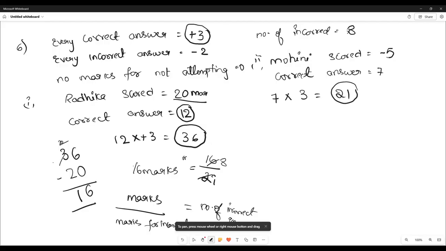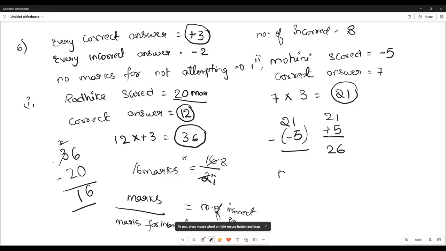How many marks she got? Minus 5. Here we subtracted 20, here we have to subtract minus 5. Minus into minus means plus. 21 plus 5, which is 26.